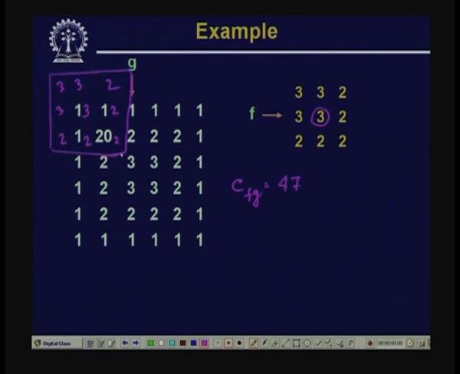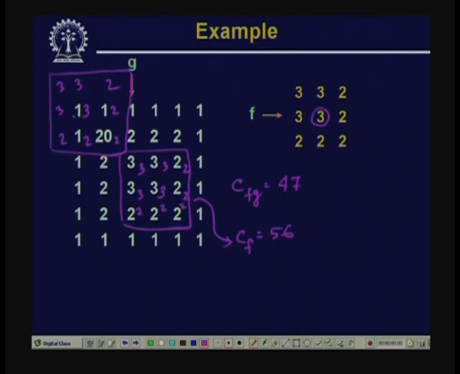Similarly, if I want to find out the cross correlation at this particular location over here, where the center of the template is placed, the other components of the template will come like this. You will find that the cross correlation at this location is given by CFG equal to 56.